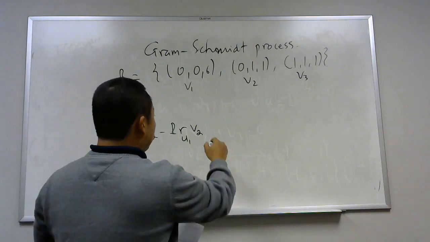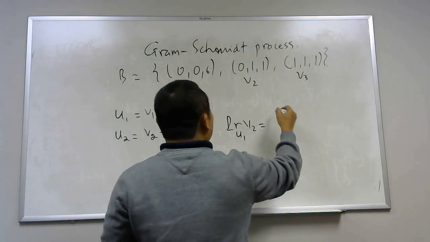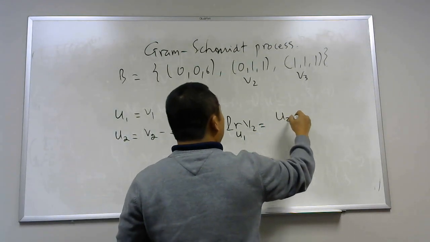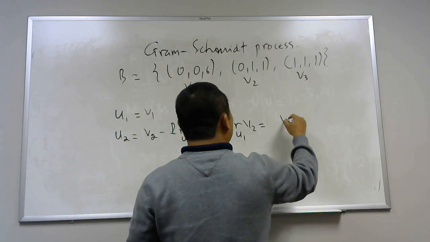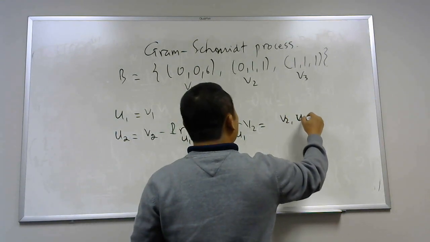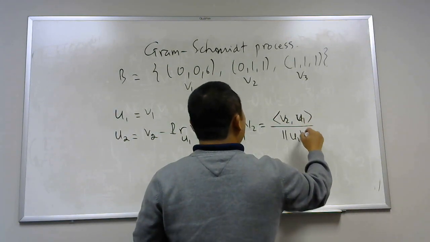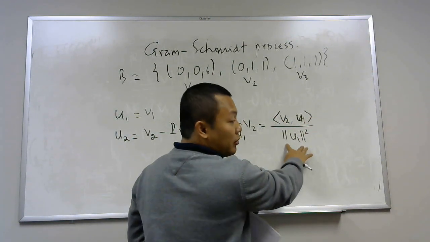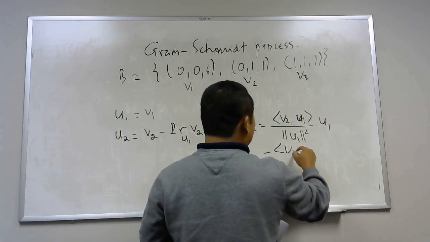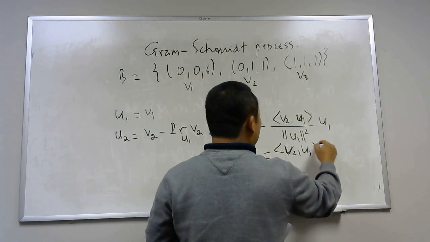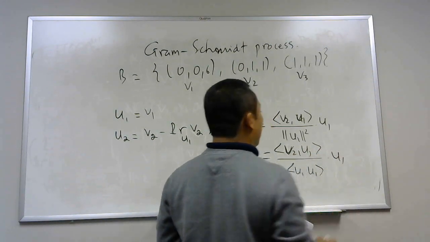The projection of v2 on u1 is the dot product of v2 and u1, divided by the squared norm of u1, times u1.